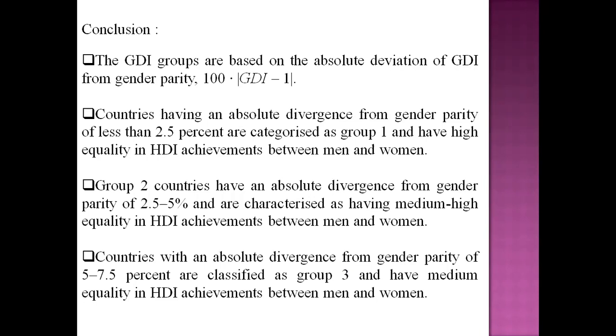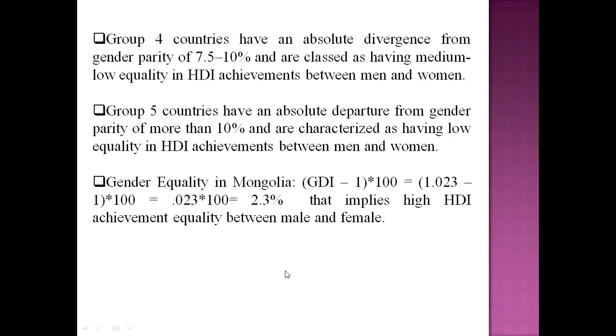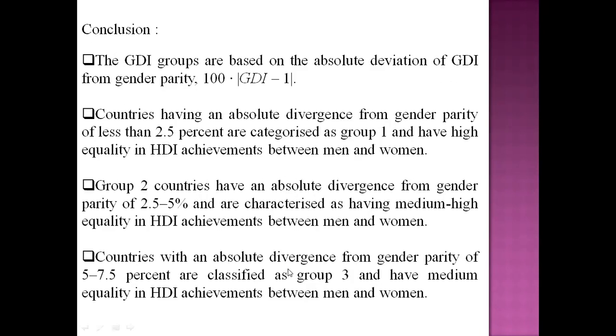When the absolute deviation is 2.5 to 5%, the country is characterized as having medium high equality in HDI. Those with 5 to 7.5% are classified as having a medium equality in HDI achievement between men and women.